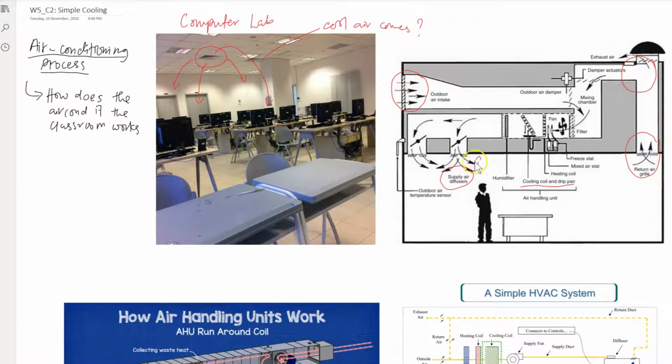I'm not saying that you only need to remember these, but these are among the crucial parts that you are going to consider when you are designing your air conditioning.